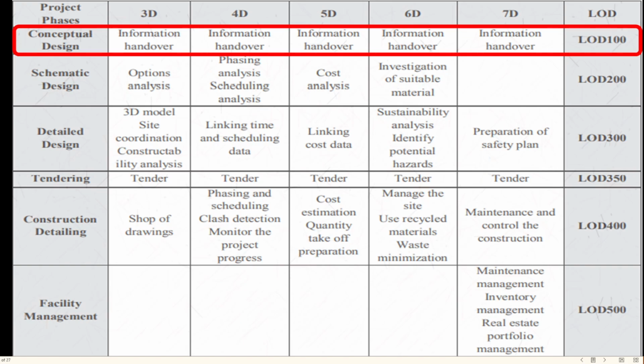The coordination between project phase, BIM dimensions, and level of development. At the project phase of conceptual design, all BIM dimensions focus on information handover, and the level of development is under LOD 100.